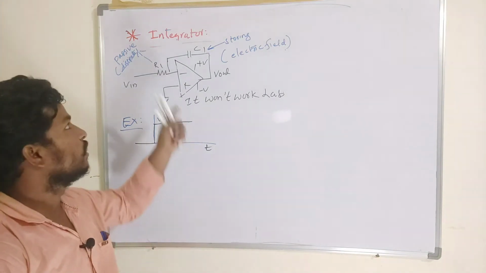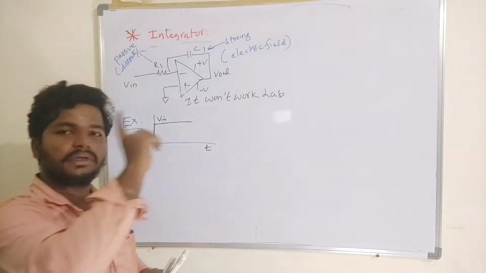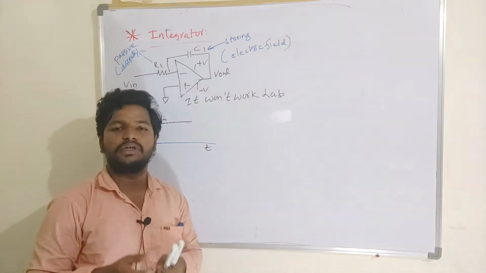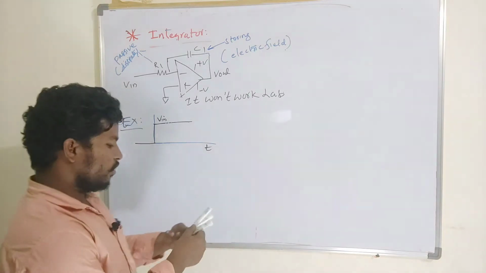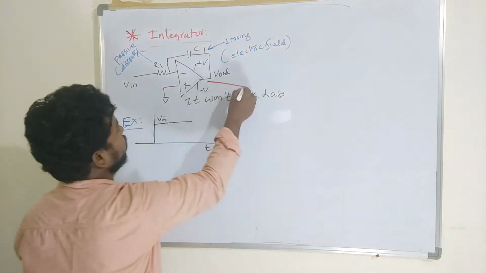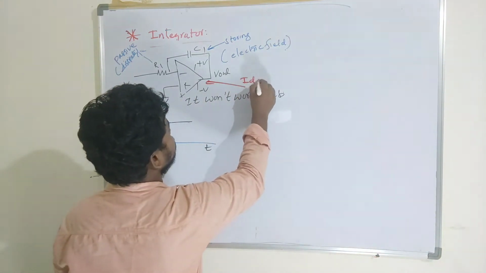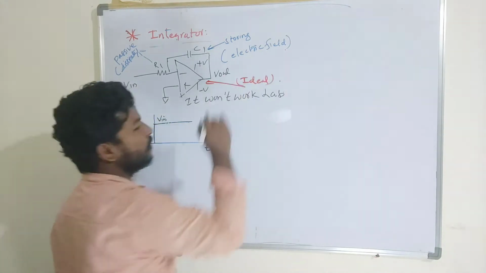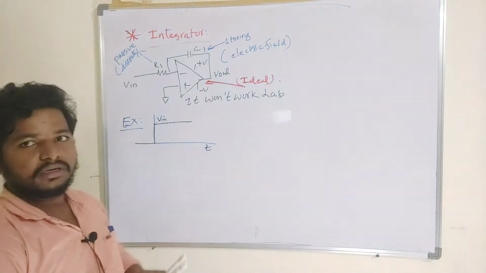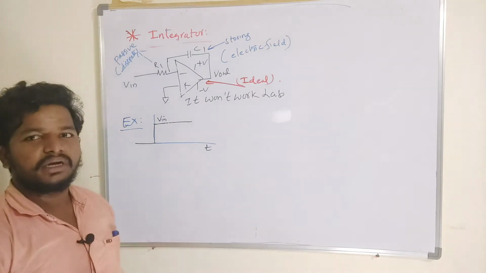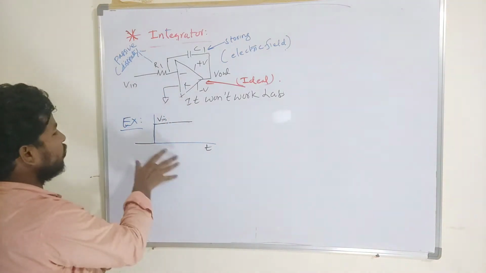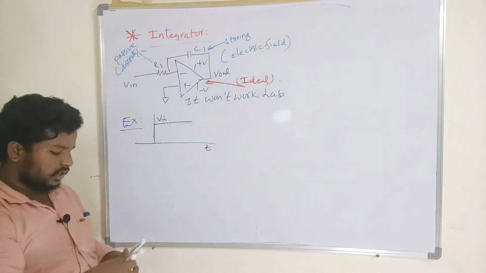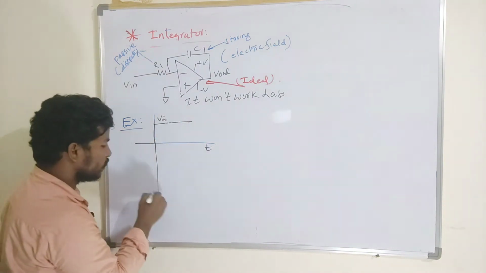We also discussed this circuit in a previous video, about slew rate and the limitations of the operational amplifier. Here I am assuming an ideal operational amplifier, working perfectly with respect to all its properties, and I will draw its characteristics one by one.